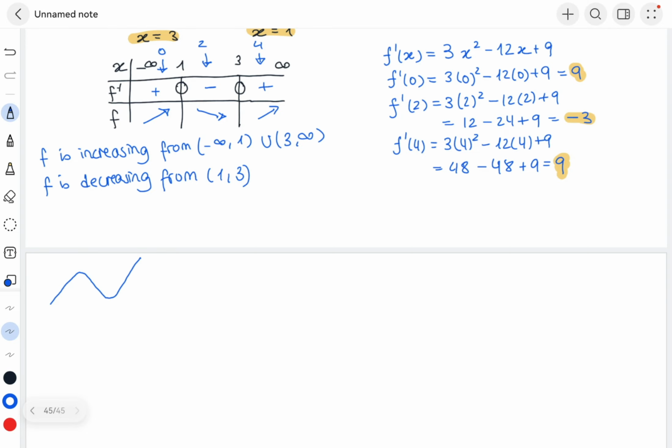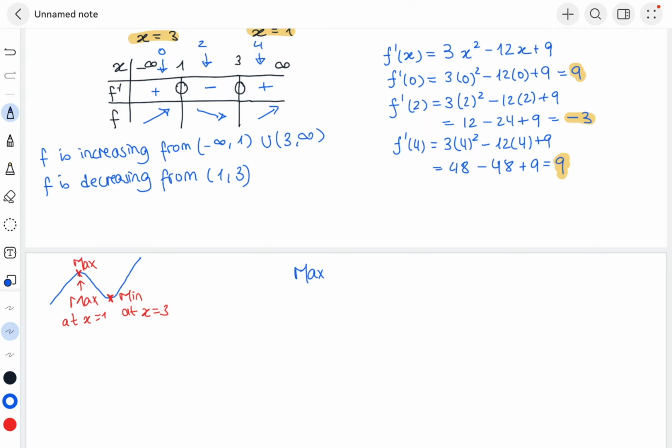This is a sketch, okay? Now, here we can see we have a maximum. And here we can see we have a minimum, which means our minimum is at x equal to 3 and our maximum is at x equal to 1. Let us write it here.